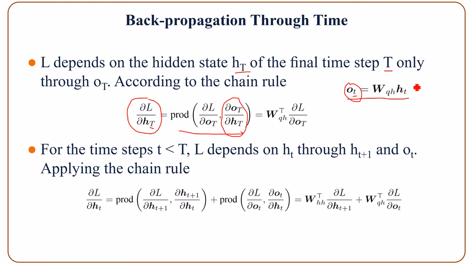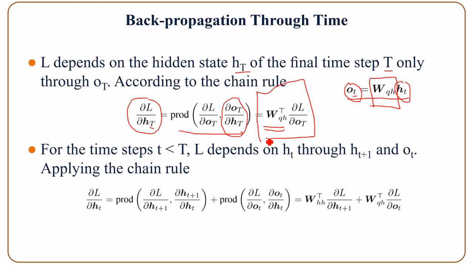With respect to the hidden state at the final time step, what you have left is just the weight W_QH, which is here. And finally, this is what we get for the derivative of the loss function with respect to the hidden state h uppercase T of the final time step.